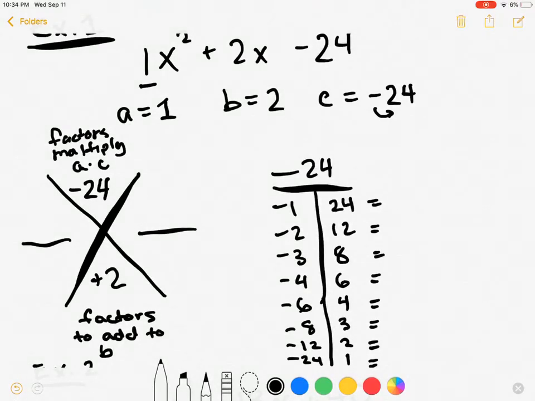So for our first factor pair, negative 1 plus 24 gives us a sum of positive 23. For our second, negative 2 plus 12, we'll get a positive 10, and so on.